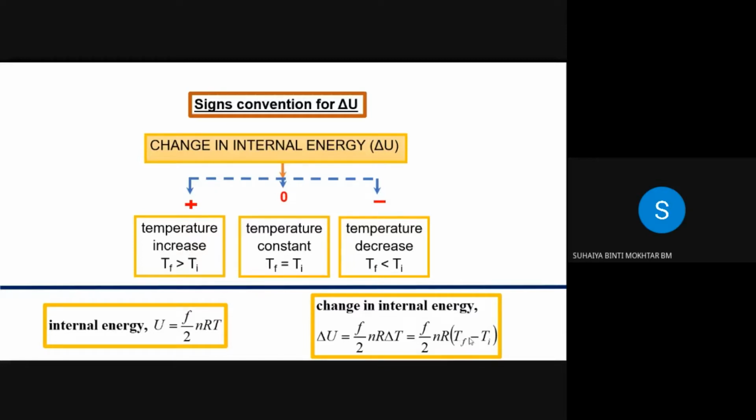Then if the final temperature decreases, you get a negative value. So when the temperature decreases, you get negative delta U.